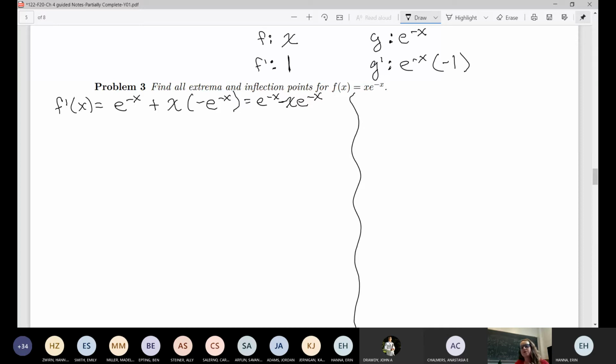Now the next thing we have to do is set that equal to 0. To make our lives easier for the algebra, trust me, notice that both of those terms have an e to the negative x in them. So we could factor it out. And that's always what I suggest: if there's a common term between all of the things, factor it out. So we would be left with 1 minus x if we factored that out.